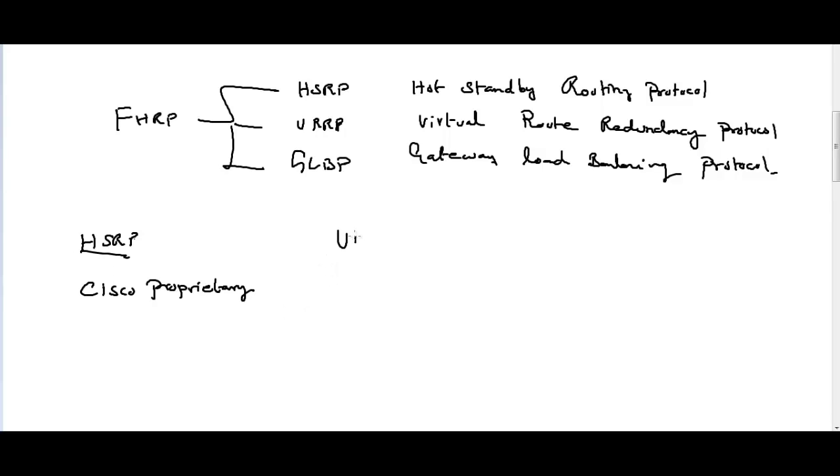Now what about VRRP? VRRP is an IEEE standard. And the Gateway Load Balancing Protocol is again Cisco proprietary. So why do we have two Cisco proprietary protocols? We will see that. VRRP is an industry standard, found on every router.